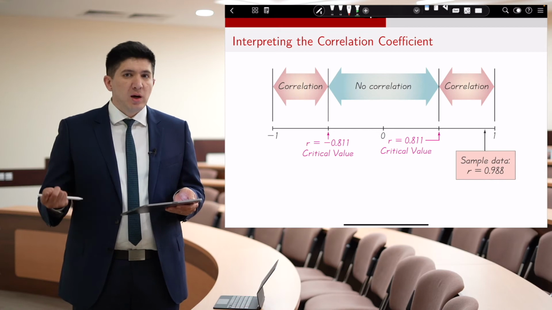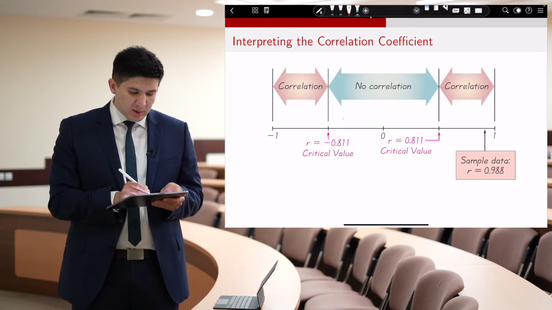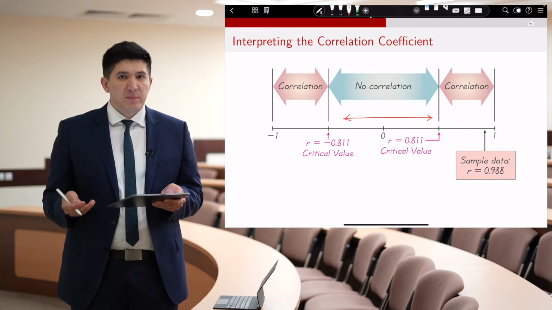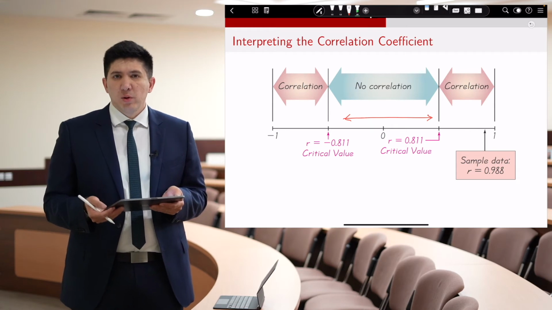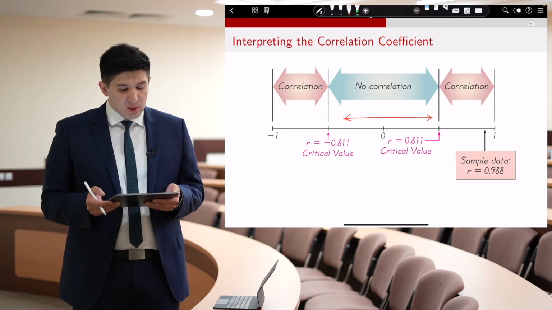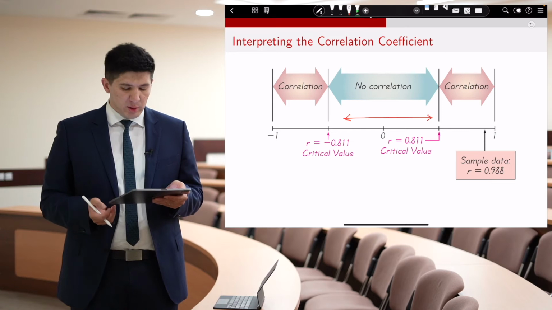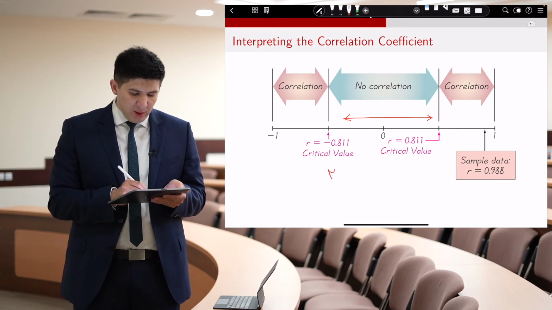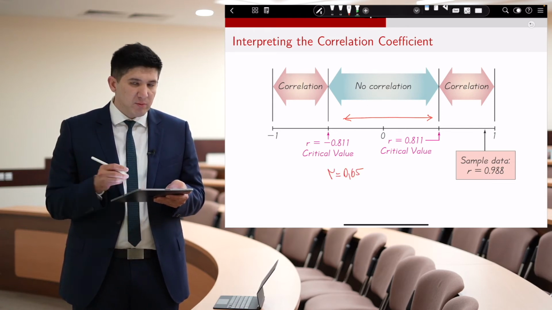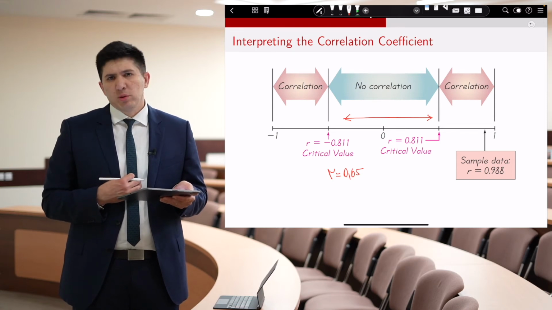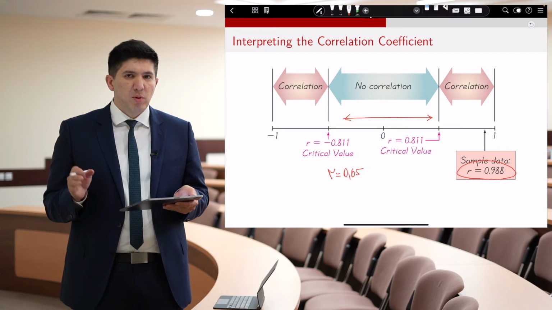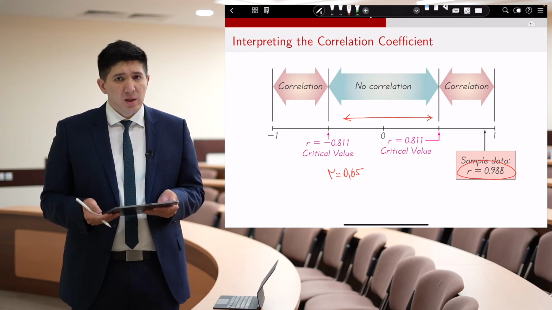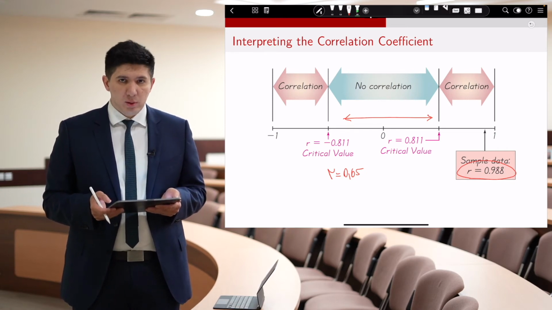Any value of r in between minus 0.811 and plus 0.811 means there is no correlation or weak correlation. For example, if r were equal to 0.65, we would say there is weak correlation or no correlation. But for our example, r was equal to 0.988, so I would say that they are strongly correlated.